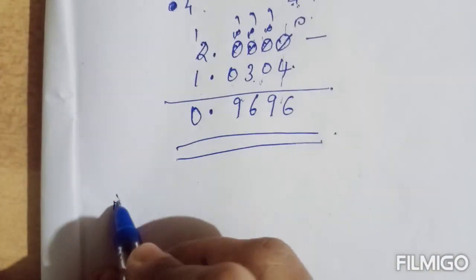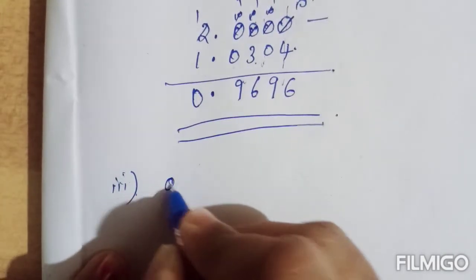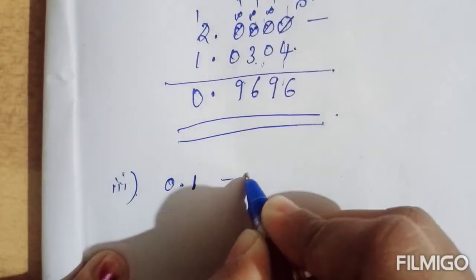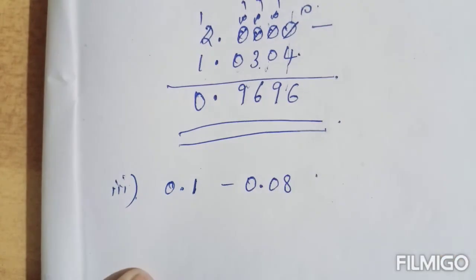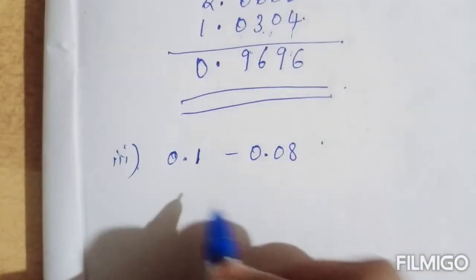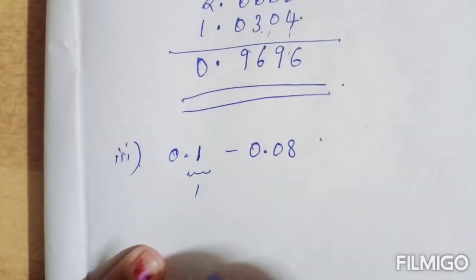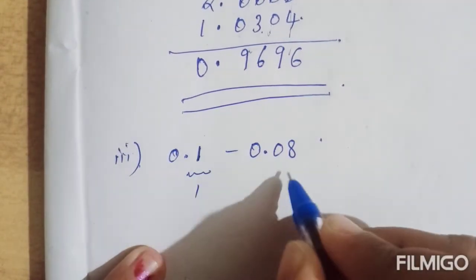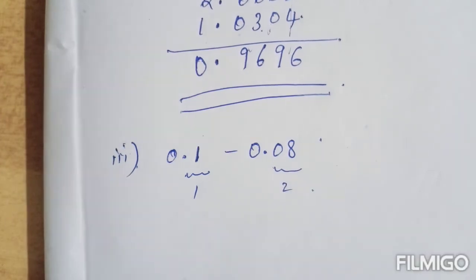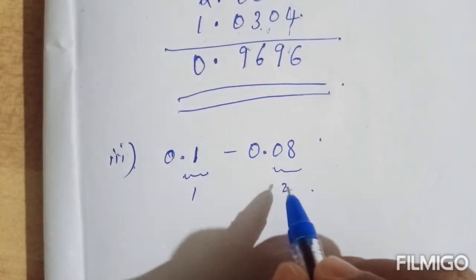Now third one, 0.1 minus 0.08. They are unlike decimal numbers. Here 1 digit is coming after the decimal point. Here 2 digits are coming after the decimal point. Maximum it is 2.